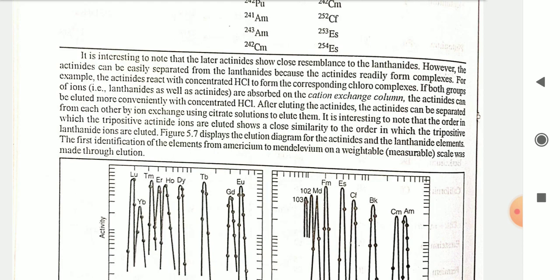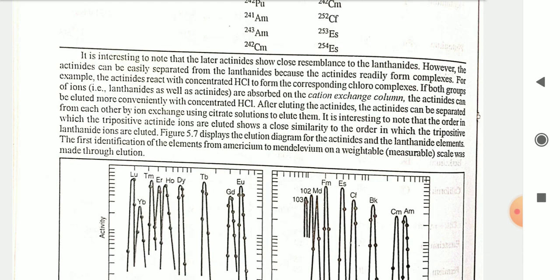After eluting, the actinides can be separated from each other by ion exchange using citrate solution to elute them. The order in which the tripositive actinide ions are eluted shows a close similarity to the order in which the tripositive lanthanide ions are eluted. Figure 5.7 displays the elution diagram for the actinide and lanthanide elements.